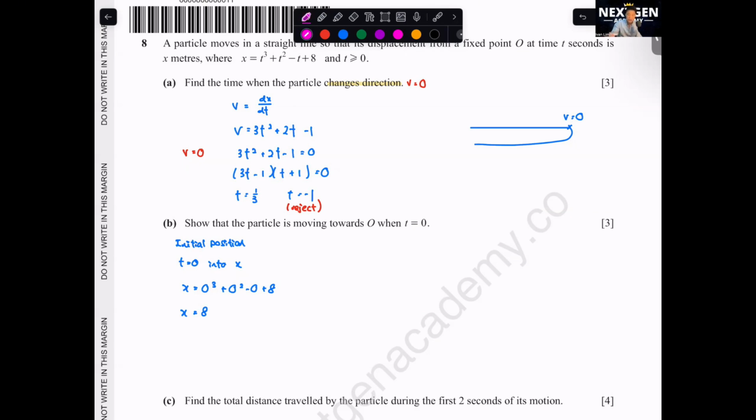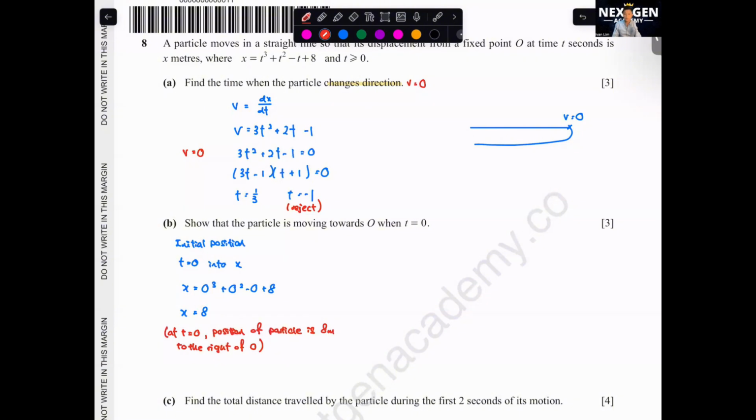You can write an explanation here. At t equals to 0, the position of the particle is 8 meters to the right of O.